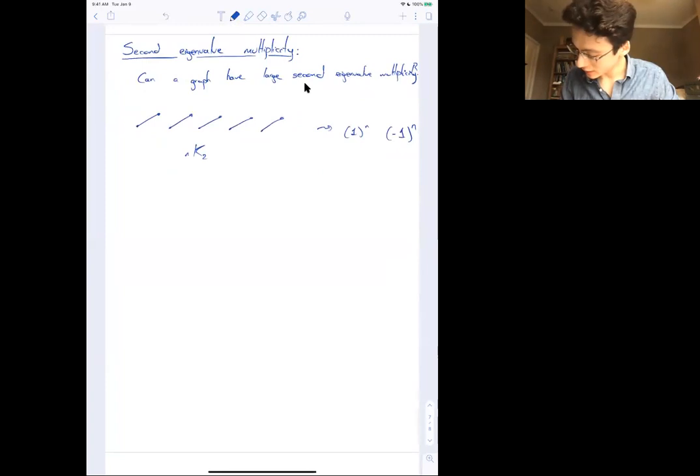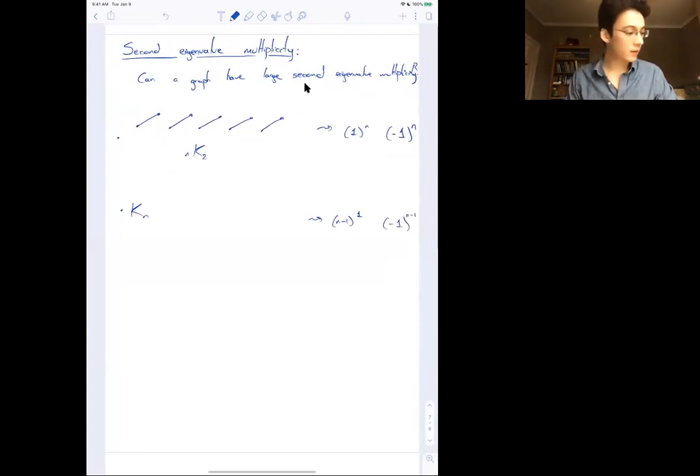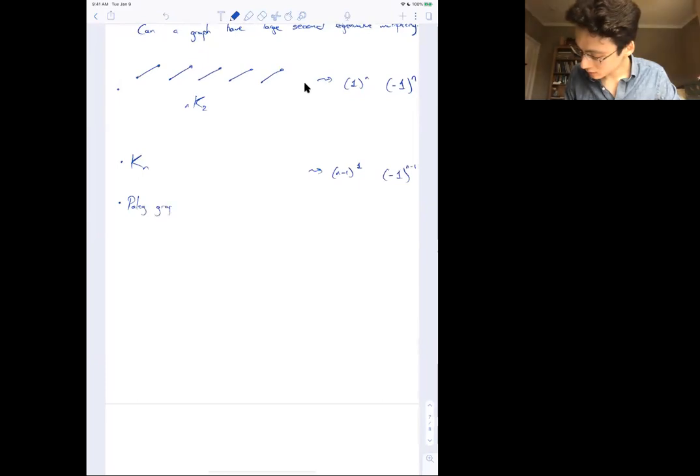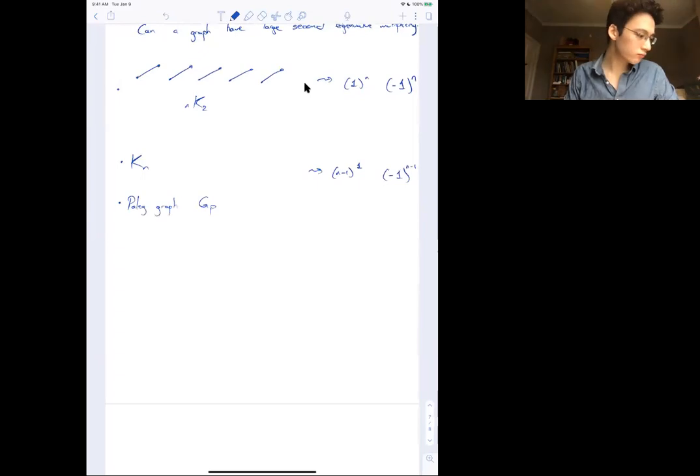Another example is the complete graph, where the top eigenvalue is n-1 with multiplicity 1, and the bottom eigenvalue is -1 with multiplicity n-1. And there are a lot more examples like this. Let me give just one more. I could take the Paley graph G_p, which is some pseudo-random graph.